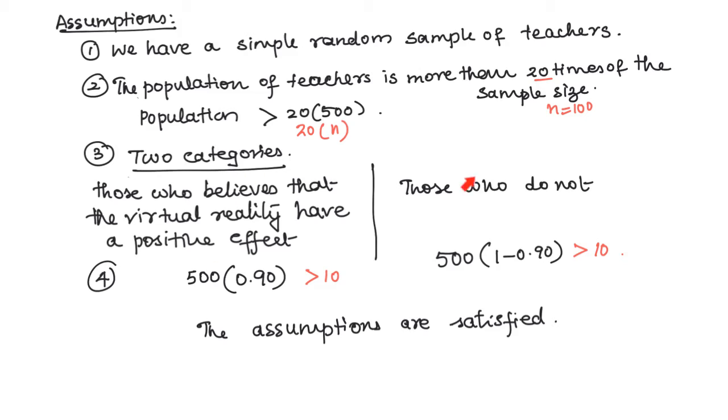And we have two categories, those who believe that the virtual reality has a positive effect and those who do not. And if you multiply, n p0 and n times 1 minus p0 will both be greater than 10. So the assumptions are satisfied.